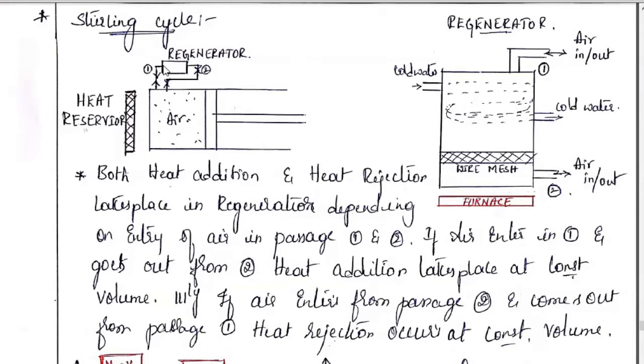After that, it comes back to point 1, and meanwhile during the suction stroke, the air comes into the cylinder. Before filling into the cylinder, it goes into the first pipe through the regenerator and comes out at the second point. It is a reversible device, so it can go from the inlet and come out from the exit, or go from the exit and come out from the inlet. So this device is a reversible device.